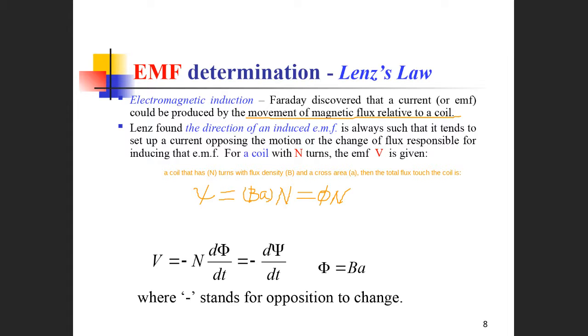The next note says movement of the magnetic flux relative to the coil. Movement relative to the coil means that if the total flux linkage is changing with time, then an electromotive force is generated on the conductors.